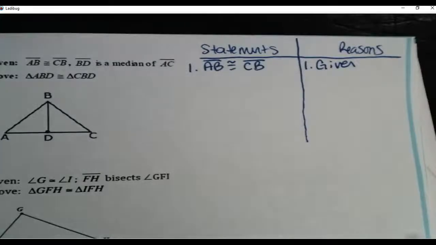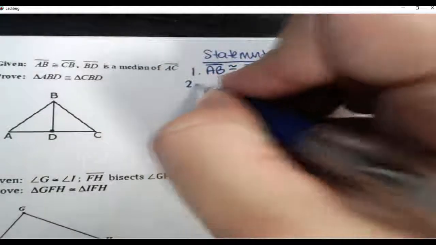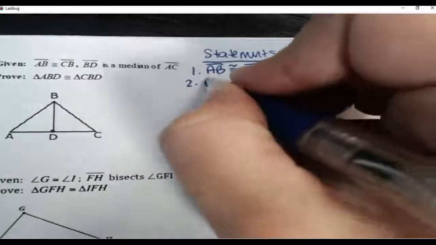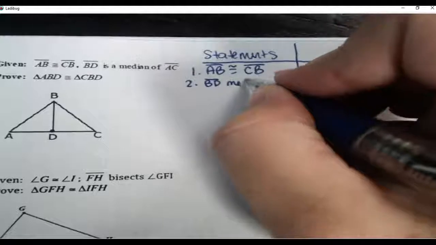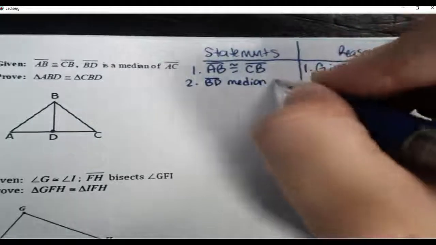Then we're given that BD is a median of AC.